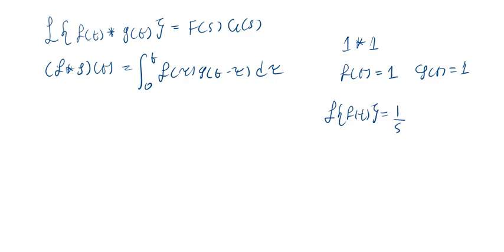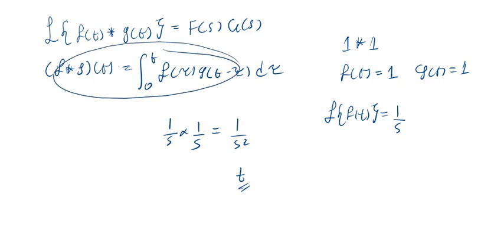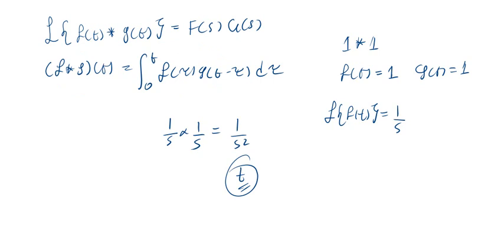So if you observe, this multiplied by this, meaning 1 over s multiplied by 1 over s, you're going to end up with 1 over s squared. Then the inverse of this is just going to give you t, of which if you use this, it's going to take you direct to this one here.